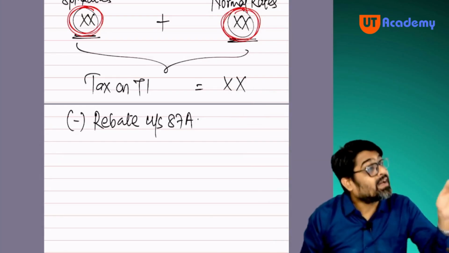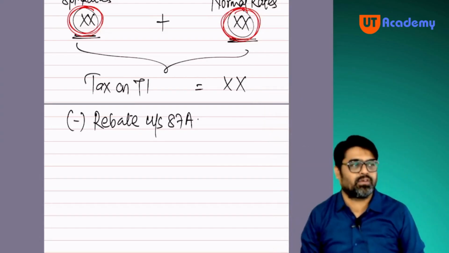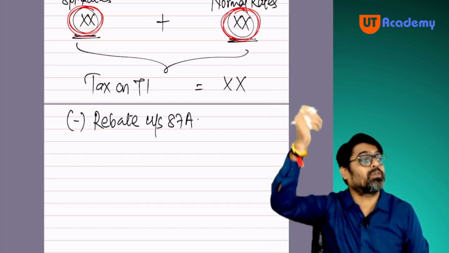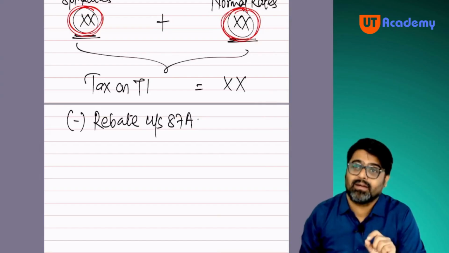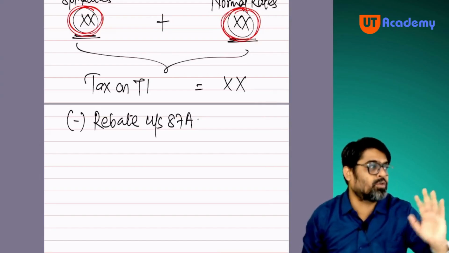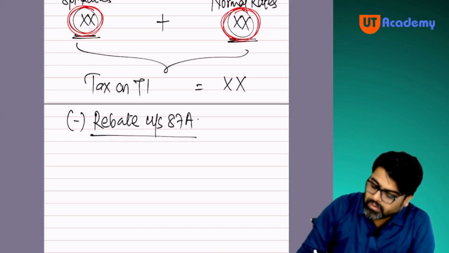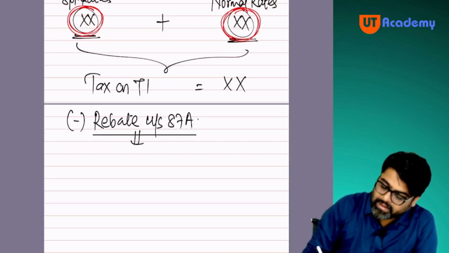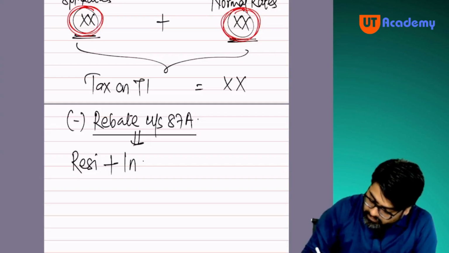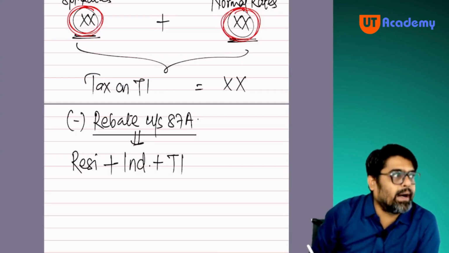Understanding? Surcharge gets applied for all types of assessees, Individual, HUF, AOP, BOI and AJP, if the total income is more than 50 lakhs. But rebate is available only to individuals, resident individuals. So, do you want the rebate? You will get the rebate if you are resident plus individual plus your total income.